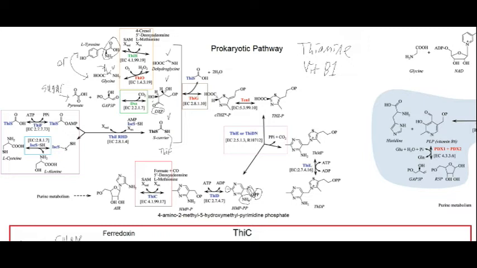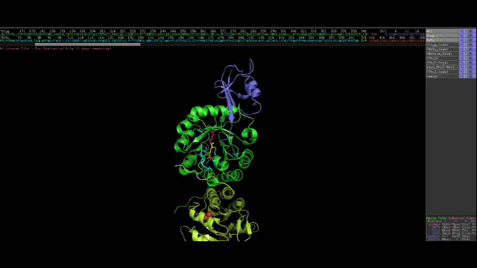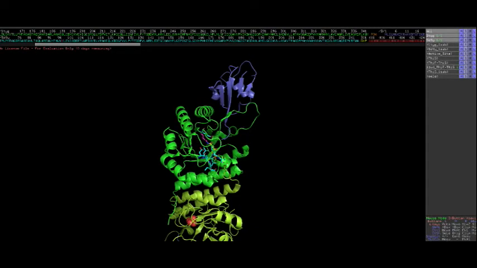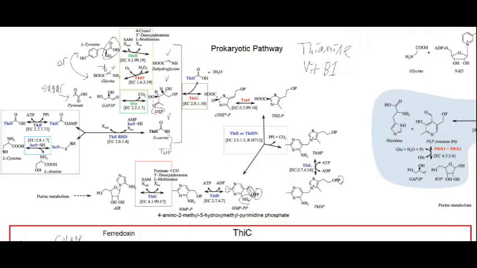So that uses ATP and this THIL enzyme to just add another phosphate onto the thiamine. Yeah, and I guess we can look at the structure here. This is the THIG, and in purple up here is the THIS.